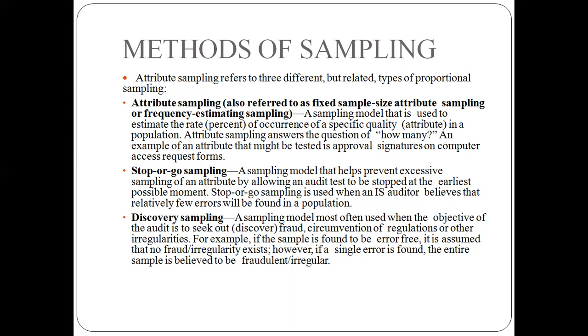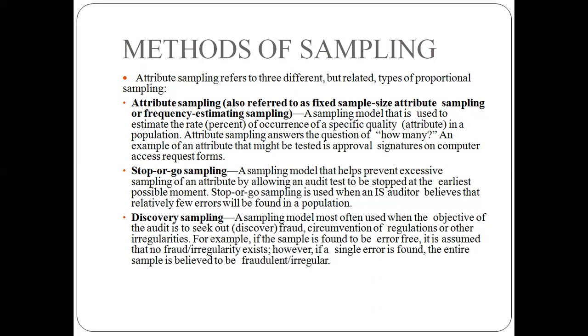There are three types of attribute sampling: frequency estimating sampling, stop-or-go sampling, and discovery sampling. Frequency estimating sampling is used to look for a particular attribute, like the example I just gave. From January to date, how many people have joined the organization? Let's assume HR recruited 10 people, and they were created in the core business application.